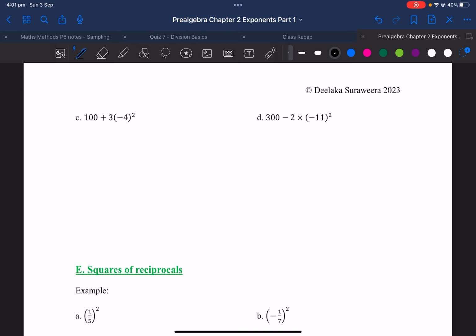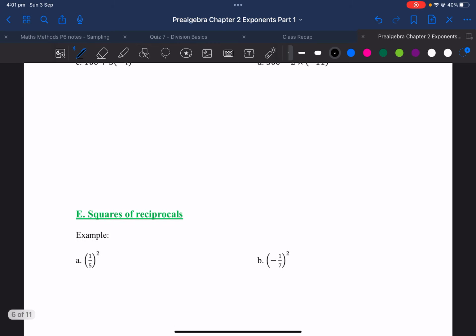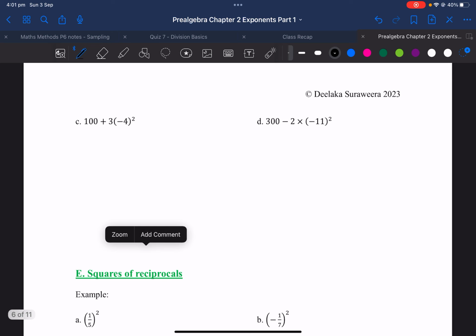We'll do this page, the two from the page before. So remember, follow BIDMAS. Do the squaring first.